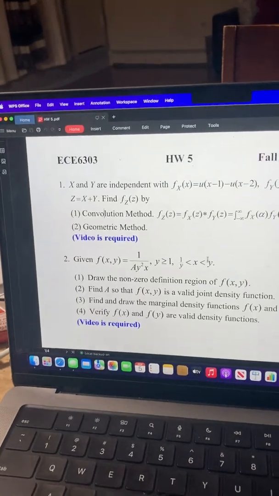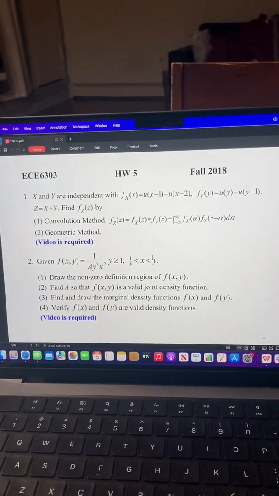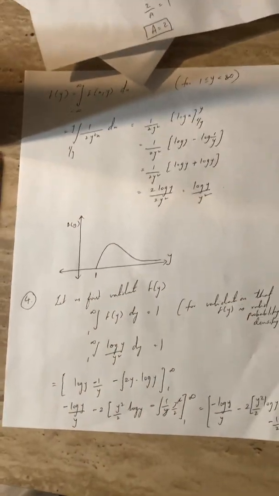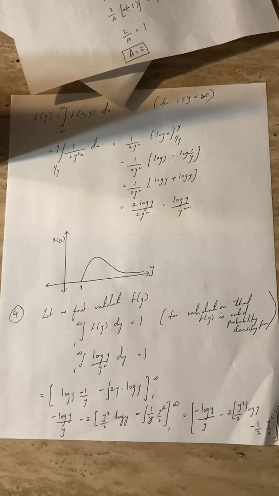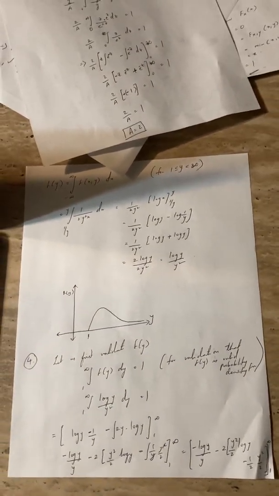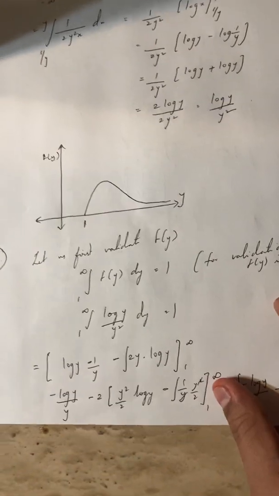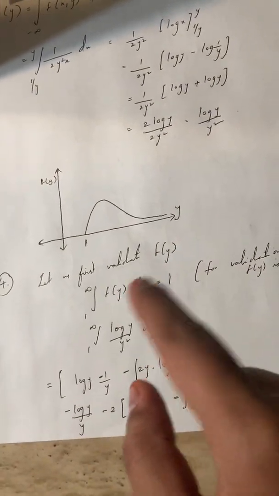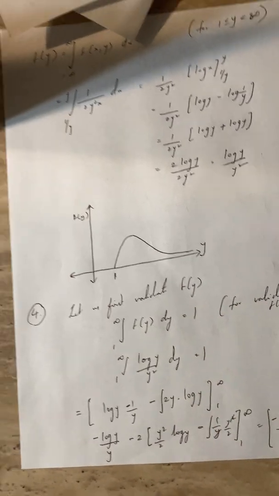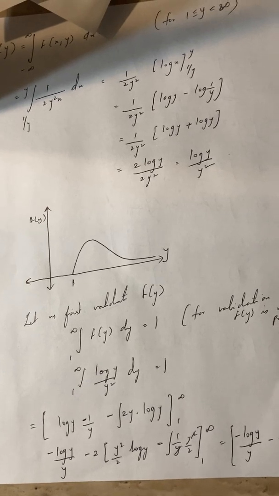Let us look at part 4, where we have to verify that f of x and f of y are valid density functions. To be a valid density function, the integral over the area should be equal to 1. First I'm calculating the integral of the marginal density function of y, f of y dy, equal to 1.